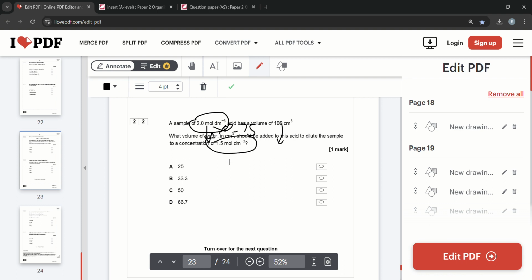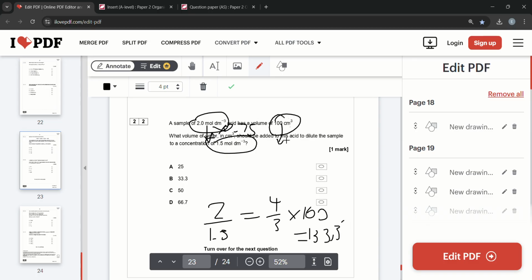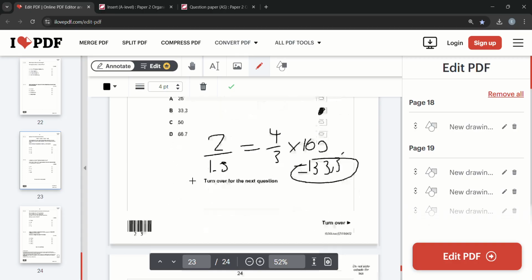What we're actually going to do is 2 divided by 1.5, which is equal to 4 over 3, and then we do 100 times 4 over 3, which gives me 133.3 recurring. However, it says what volume should be added to 100 to dilute the sample. Well, how do you get from 100 to 133.3? We're adding 33.3, so the answer is B.